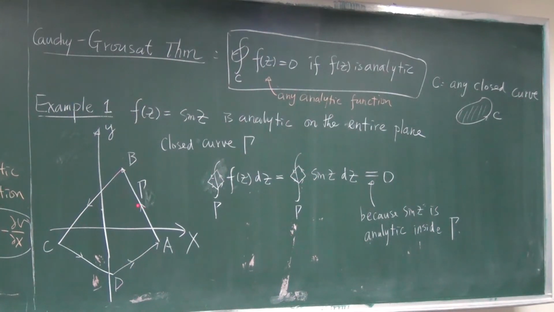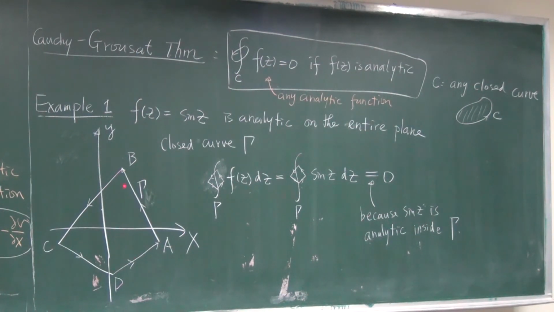It looks a little bit like a diamond. Whatever. I just choose it arbitrarily. I just want to show you that the Cauchy-Goursat theorem can be applied to a very strange closed curve. Any shape, any size, any place.